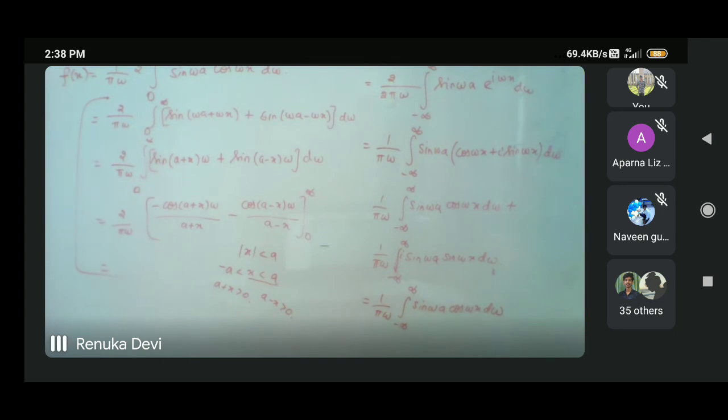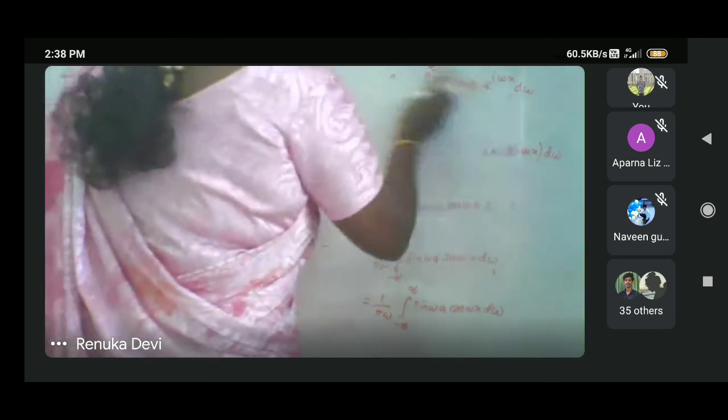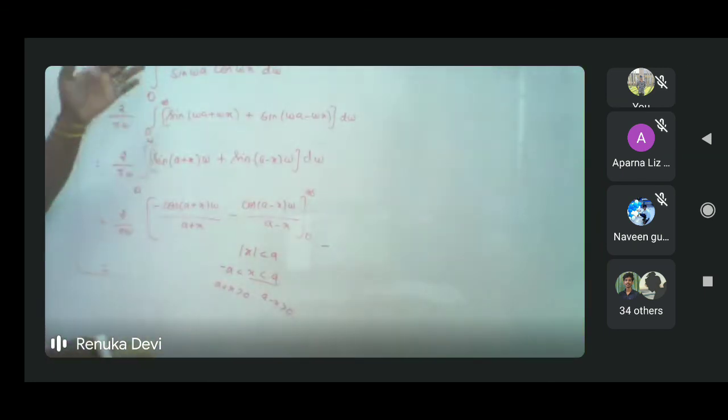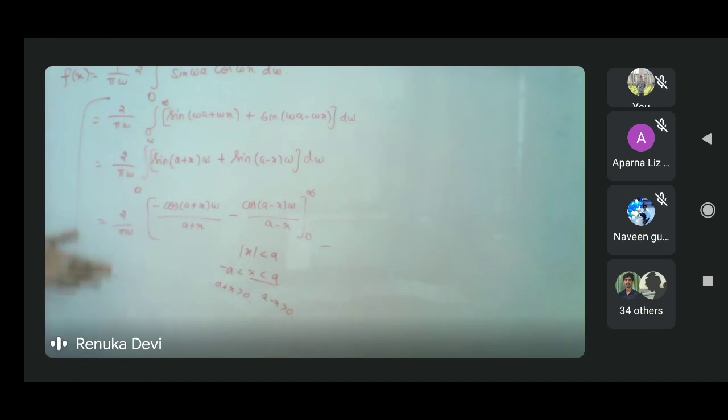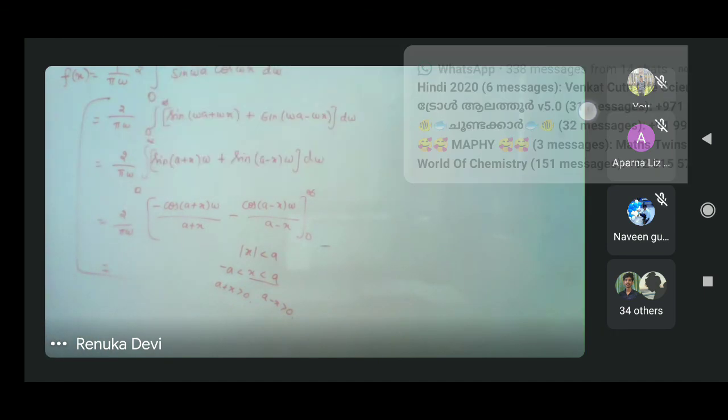Any one of you guess? No need to evaluate this integral like this, and previously I have written 2 sin theta cos theta. That also is not necessary. Anybody guess?